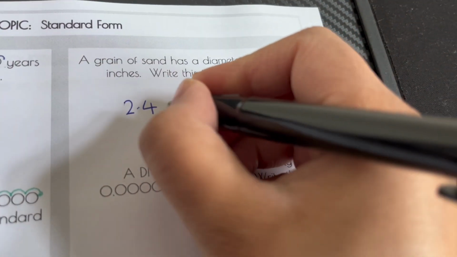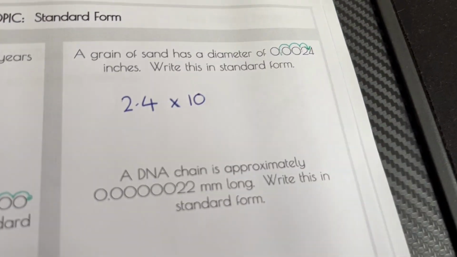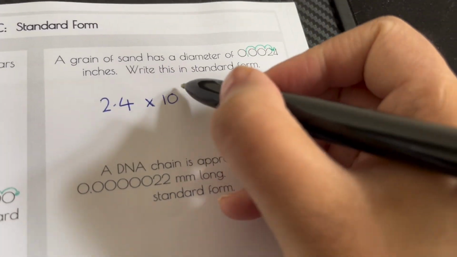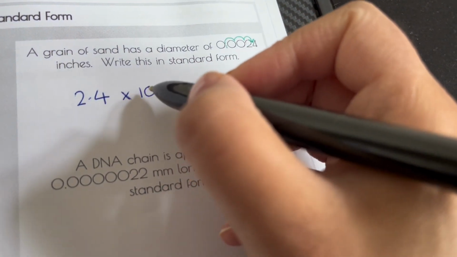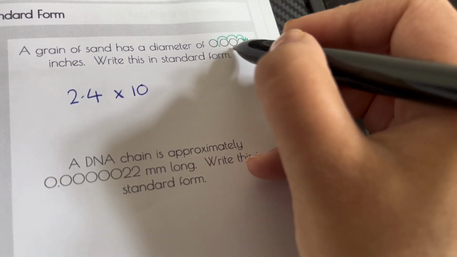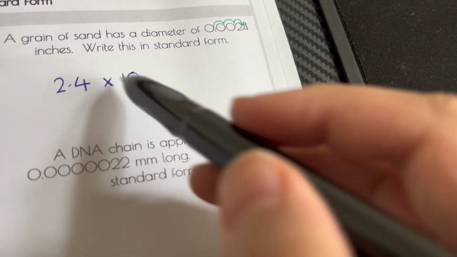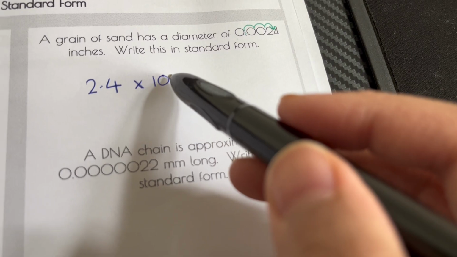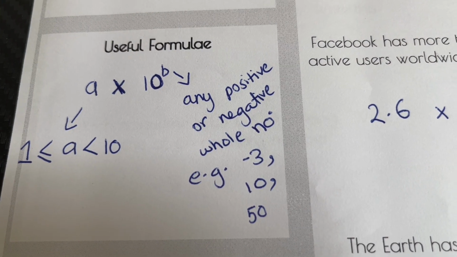So it's 2.4 times by 10, and now we need to think about my B, the power of 10. When I multiply 2.4 by a power of 10, it should go back to this original number. Now, we know that with powers of 10, we can have negative powers as well, like I mentioned here before, for what B can be.